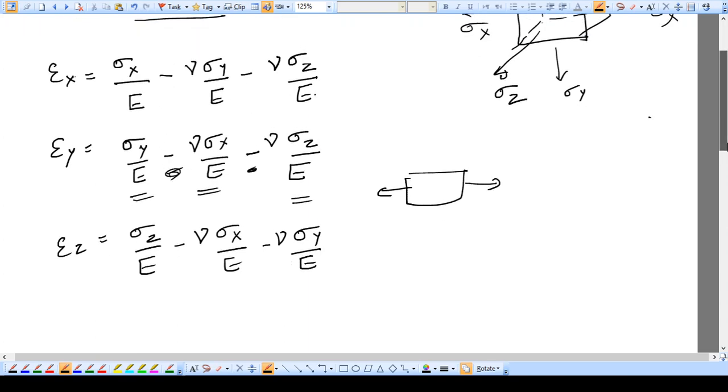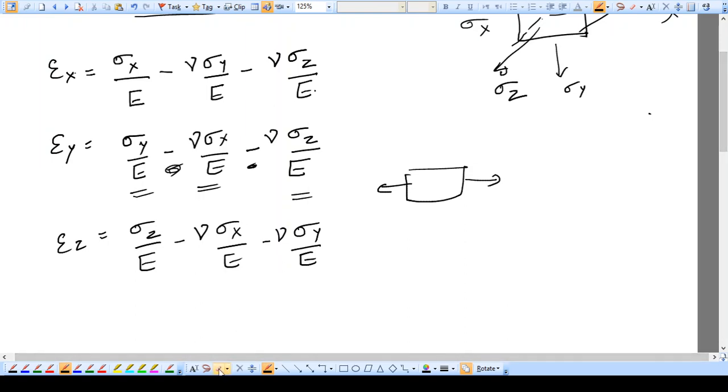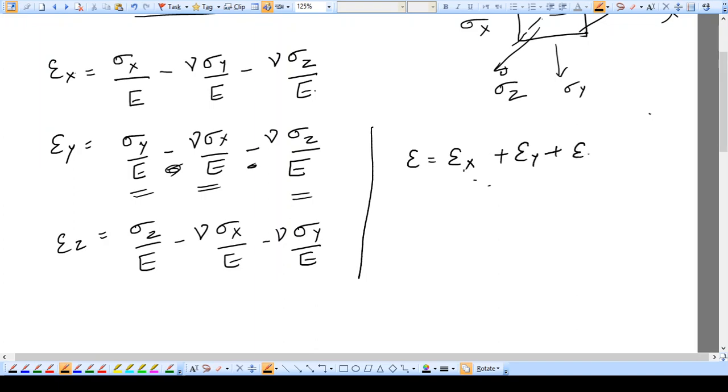So if I calculate all the three equations, I will be getting the total strain. So the total strain is given by epsilon x plus epsilon y plus epsilon z.